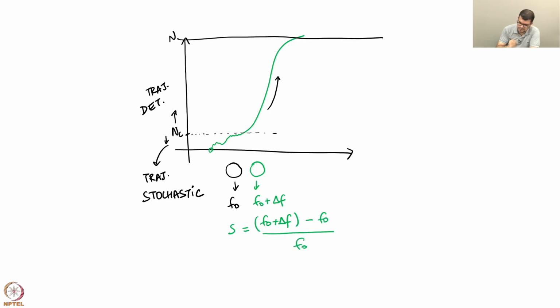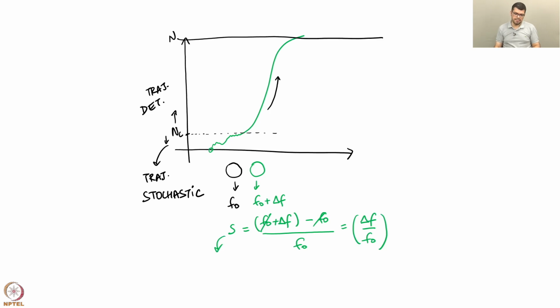F naught cancels and we get delta F divided by F naught. So, this is the selection coefficient associated with the benefit that this mutation is conferring upon the population.